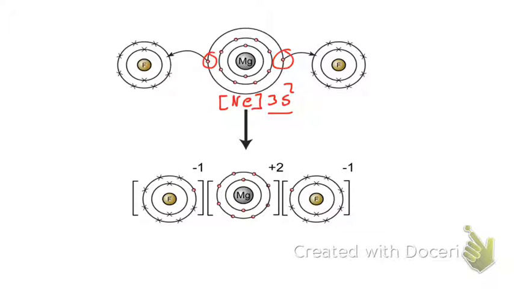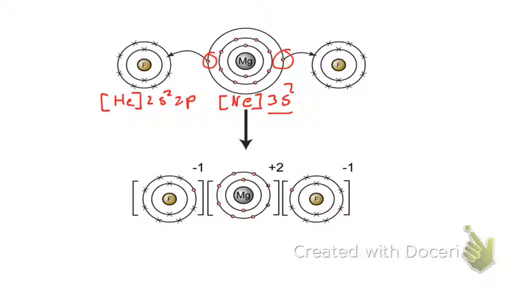Now, let's take a look at fluorine. Fluorine has an electron configuration of helium, 2s2, and 2p5.